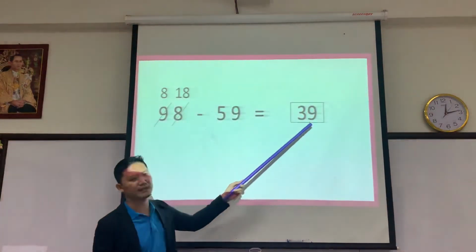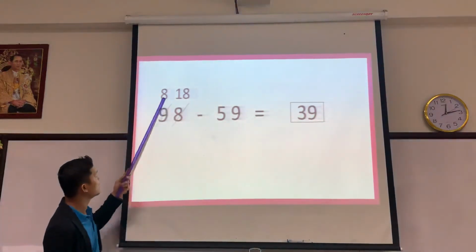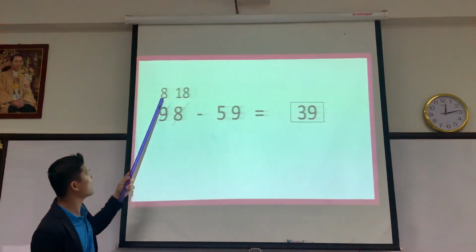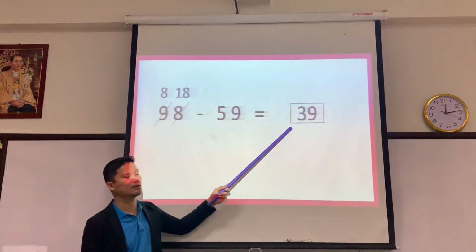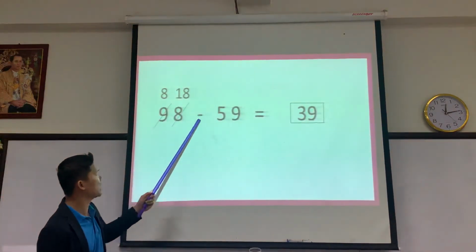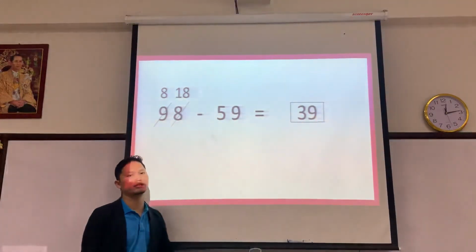Equals 9. Write 9. And in the tens place the number is 8. So 8 minus 5 equals 3. So we say that 98 minus 59 equals 39.